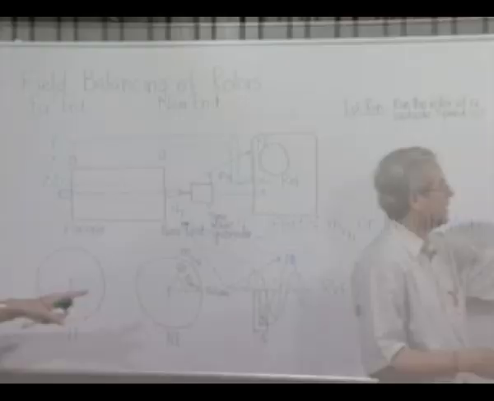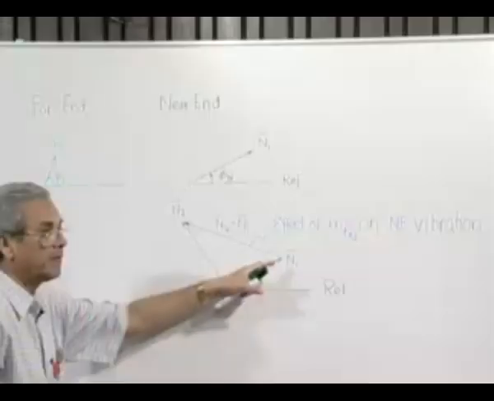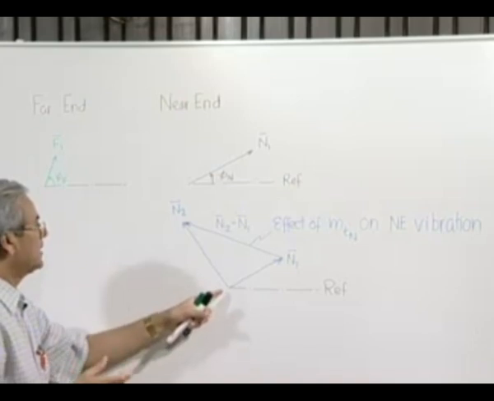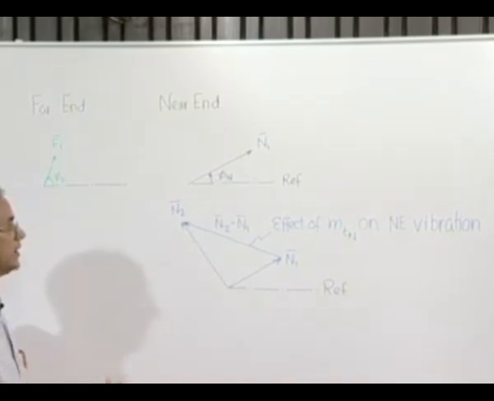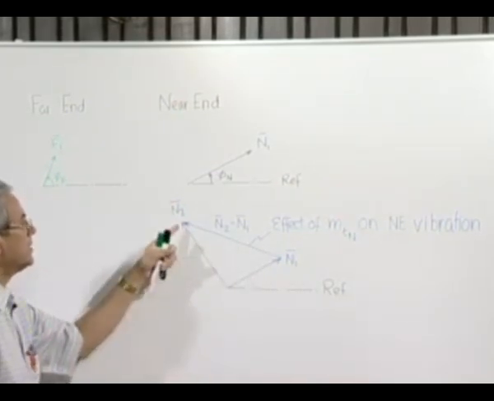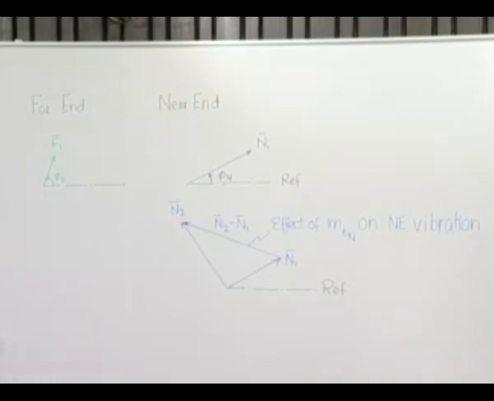This is the original vibration without any trial mass MTN. This is the vibration of the near end with the trial mass. So, obviously, this difference is the effect of the trial mass only.